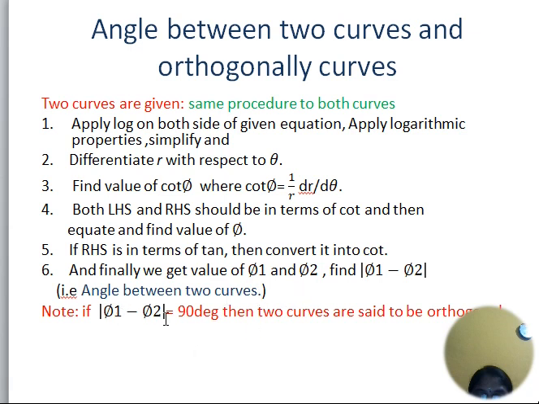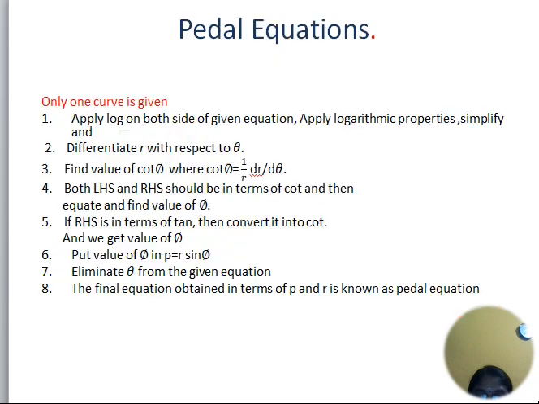If mod of phi 1 minus phi 2 is equal to 90 degrees, then we say the curves are orthogonal to each other. So if we know one simple concept, then we can solve examples on all three.